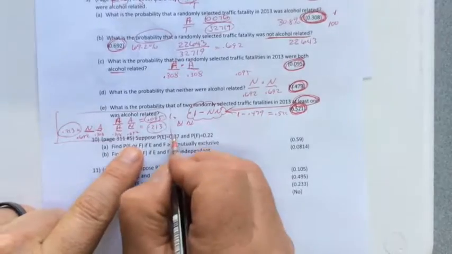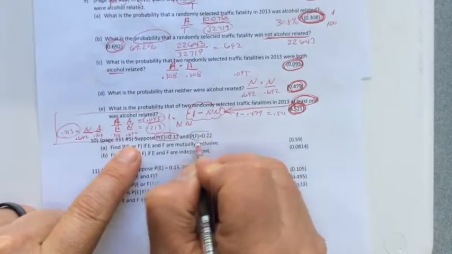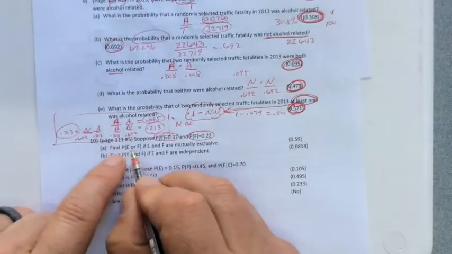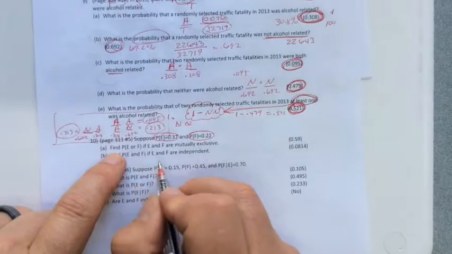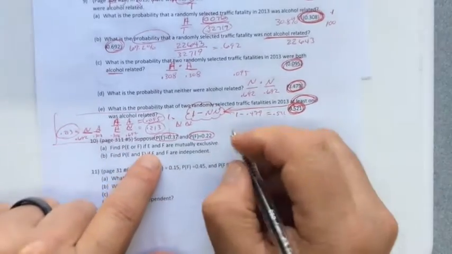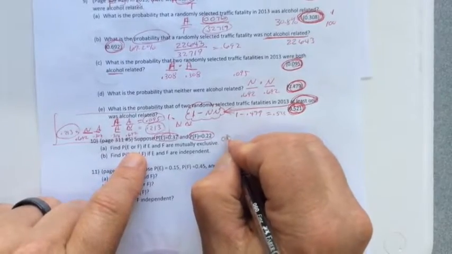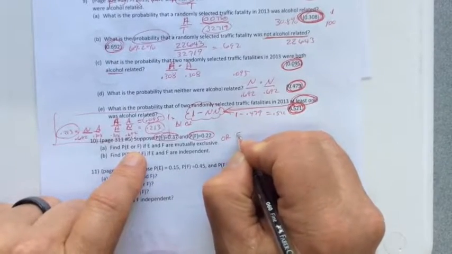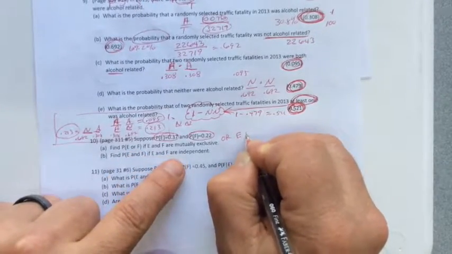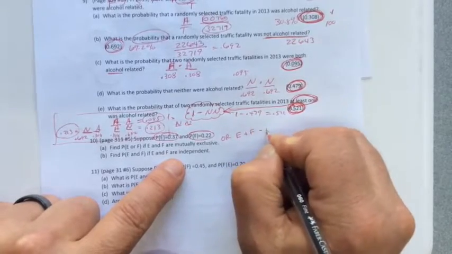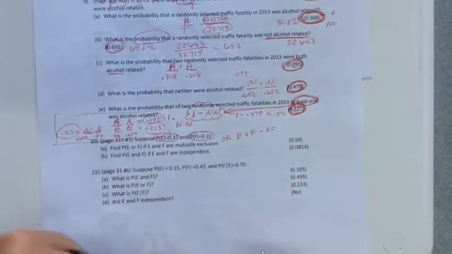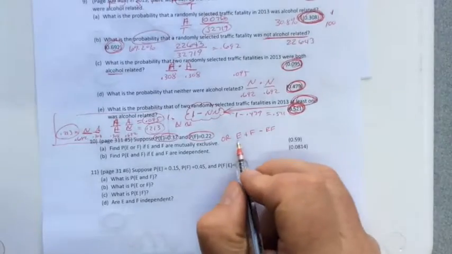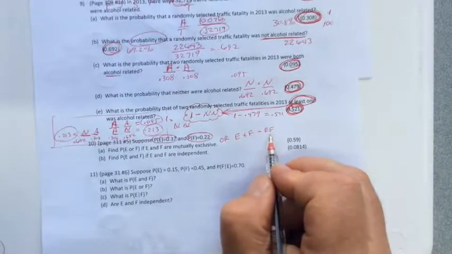Okay, suppose E is 0.37 and F is 0.22. Find E or F if E and F are mutually exclusive. Okay, remember OR. OR is E plus F minus EF. It's always the first one plus the second one minus the combo.